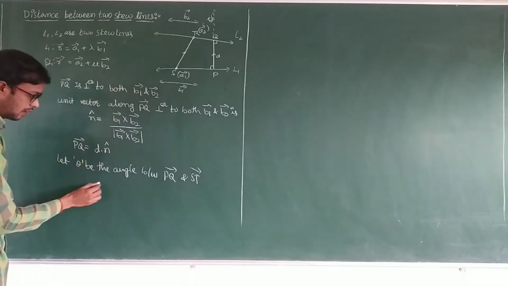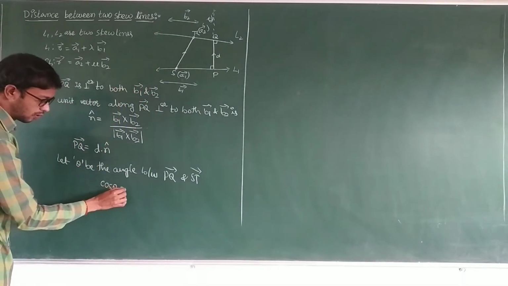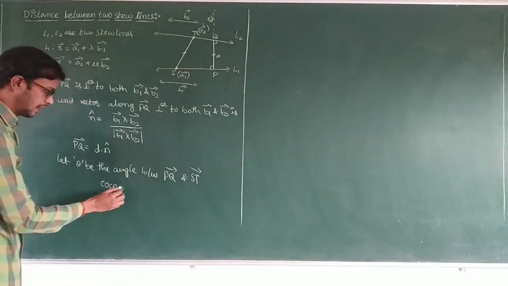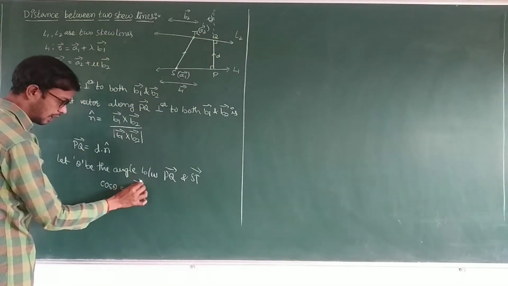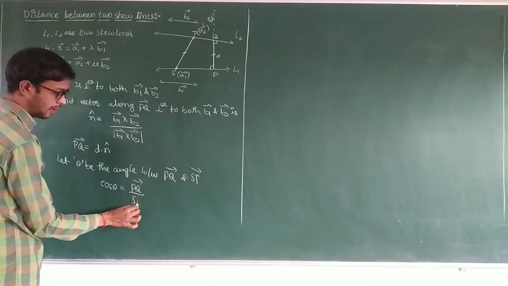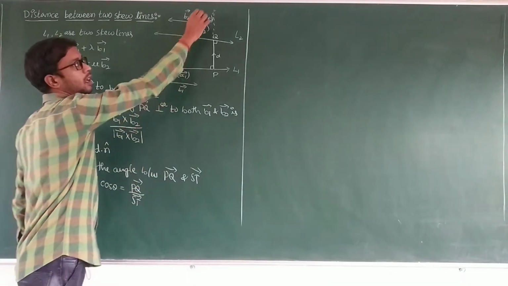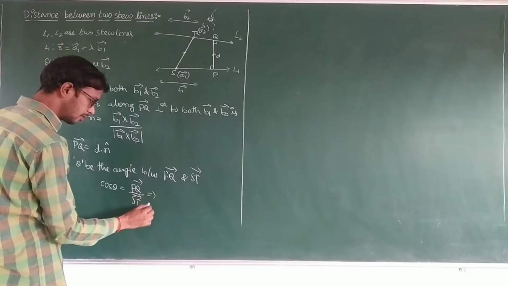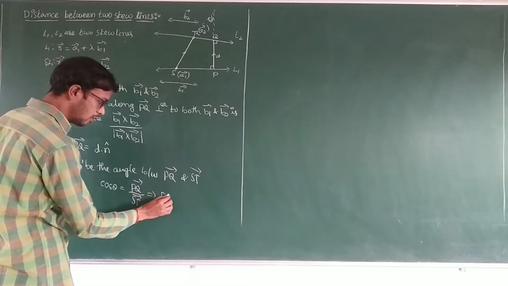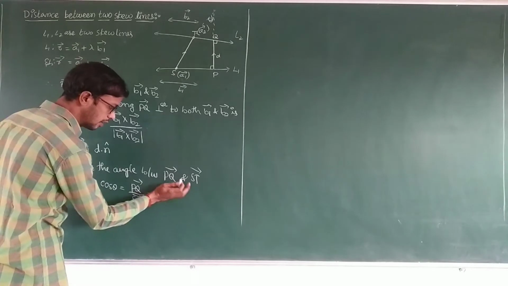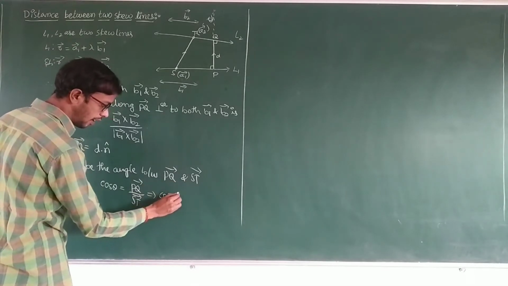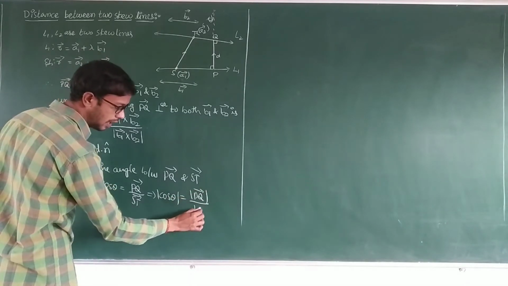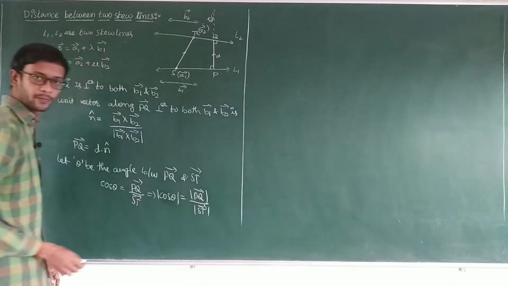From the diagram, cos theta is equal to what we can write? Cos theta, adjacent side is PQ bar divided by SP bar, the hypotenuse. This implies PQ bar is equal to, otherwise we can write, cos theta magnitude is PQ bar magnitude by SP bar magnitude.